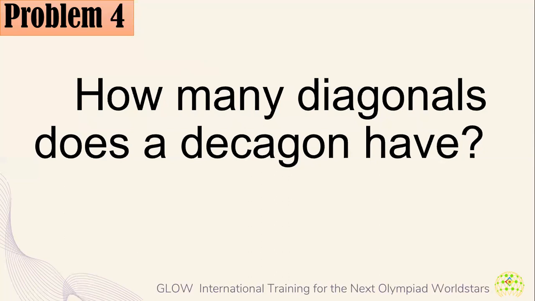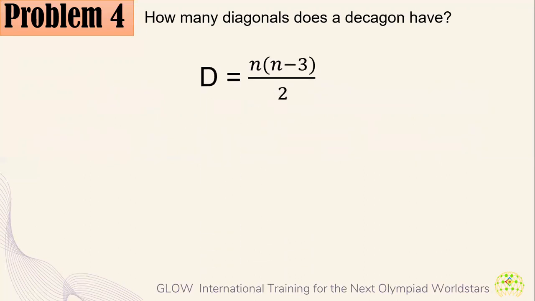And if you could remember, I think this one is basic, no? Maybe you are aware of the formula, and that is the number of diagonals D is equal to n times n minus 3 all over 2, where D stands for the number of diagonals and n stands for the number of sides of a polygon.